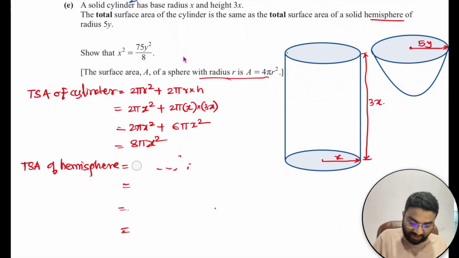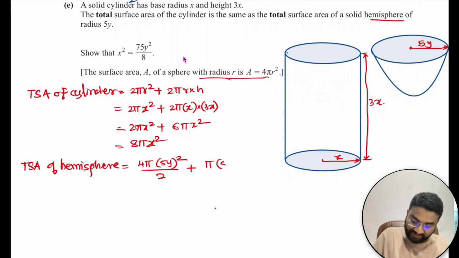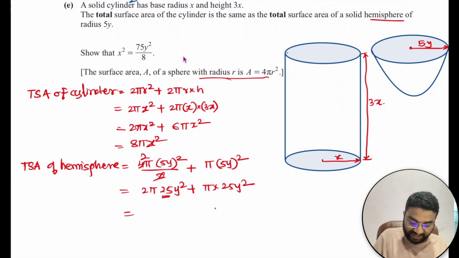Total area of the hemisphere is equal to 4 pi (5y) square divided by 2 plus pi times (5y) square, which will be equal to 2 pi times 25y square plus pi times 25y square. So it will be 25 times 2 is 50 and 25 is 75 pi y square.